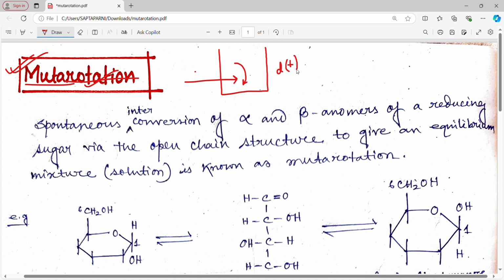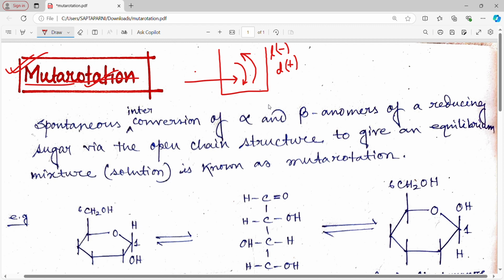And if the opposite occurs, that means the rotation is changed towards the anti-clockwise direction, then we call it levorotation, and it is designated with a negative sign. Okay, got it? So this is the optical rotation.